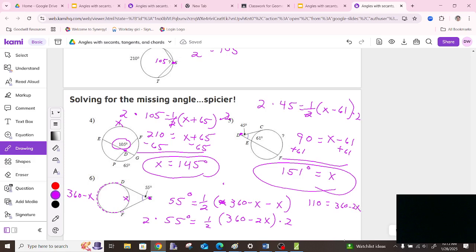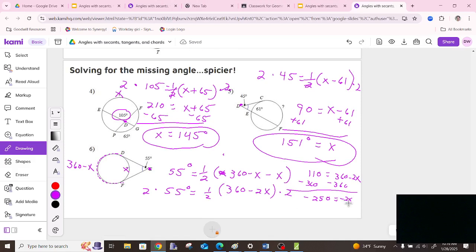Now what do I do? Subtract 360. And I get negative 250 is equal to negative 2x. So then what am I going to do to solve? Divide by negative 2. And so what does x equal? 125. So right here, this would be 125.